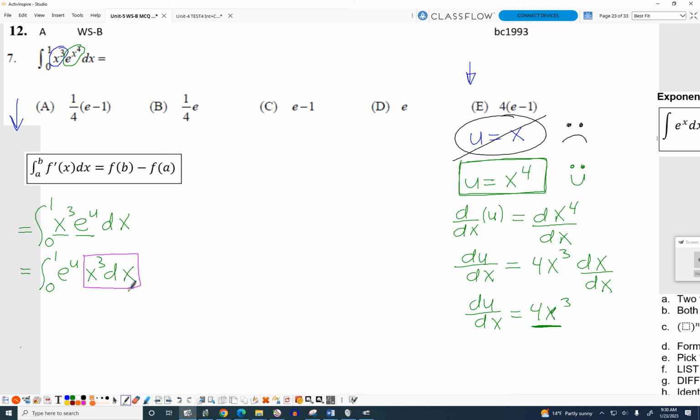So I come back over to here where I find the replacements, and I look at this equation. This is one thing divided by another. This says 4x cubed. Everything I need is here, it's just in the wrong order, because I need x cubed times dx. Can you see any way to make this look like x cubed times dx?